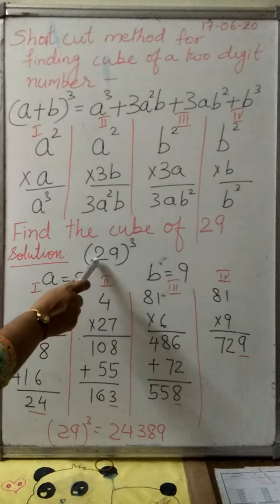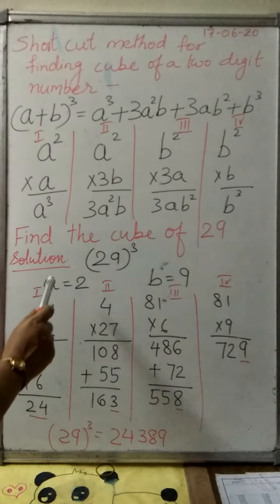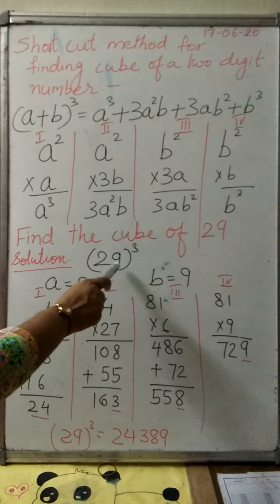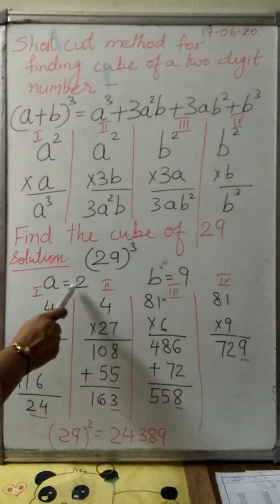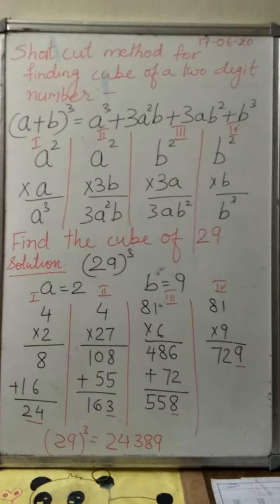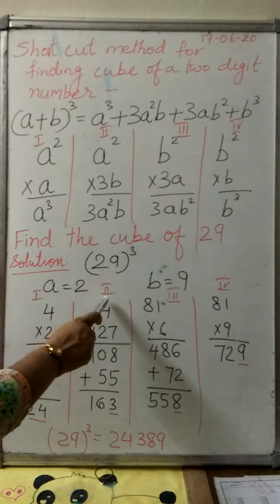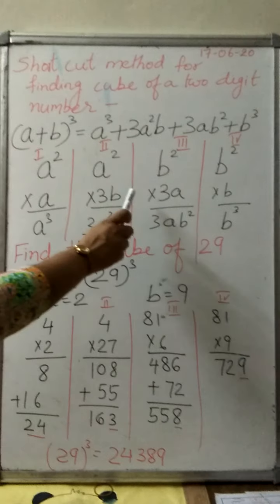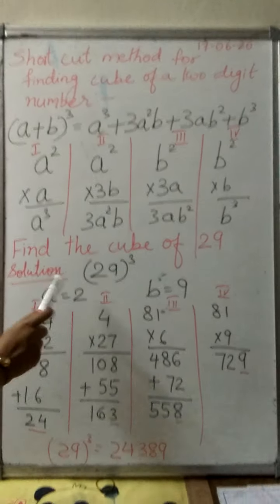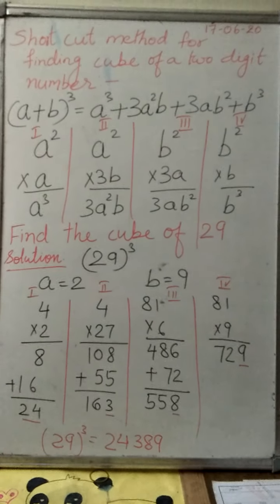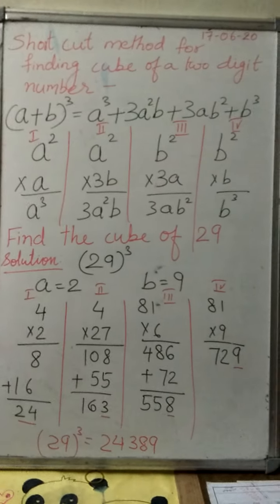If the number is 29, take a as 2 and b as 9. Make 4 columns. Column 1, 2, 3 and 4. Now observe this formula, using this only we are finding cube.